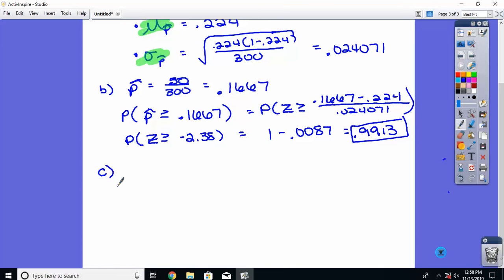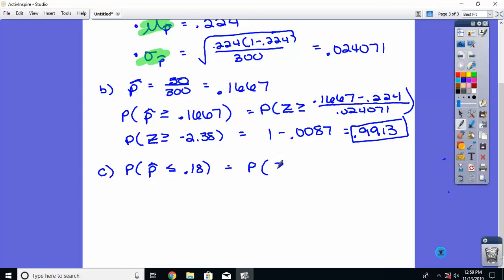Part C. Would it be unusual if 18% or less were smokers? So I'm asking for the probability. If I'm talking about a percent, I'm talking about p hat. So p hat is less than or equal to, for 18% you have to do 0.18.